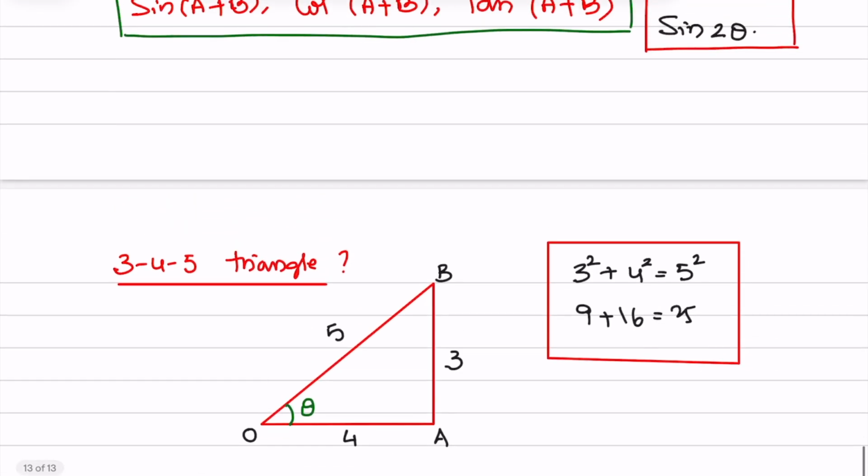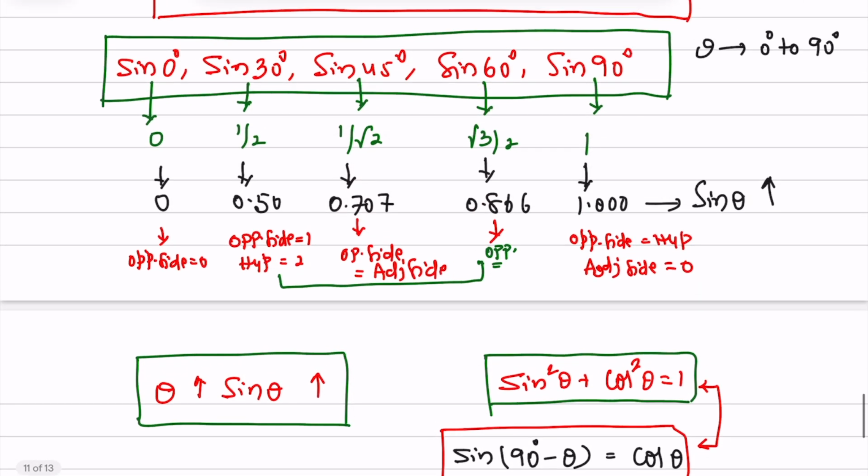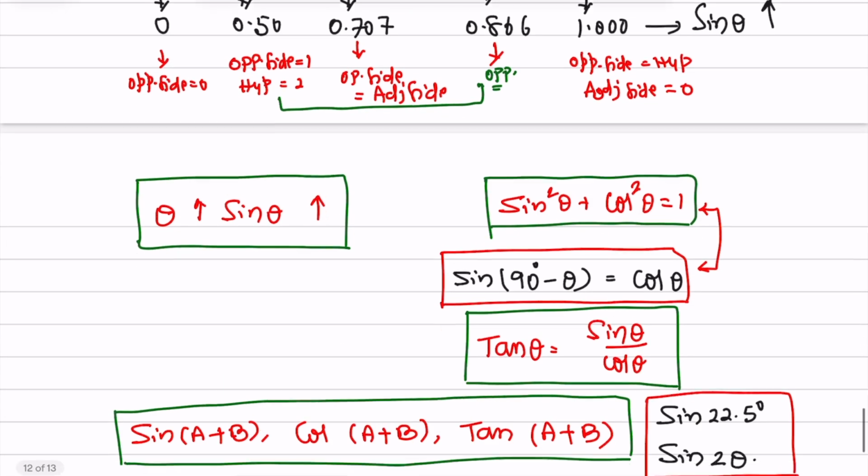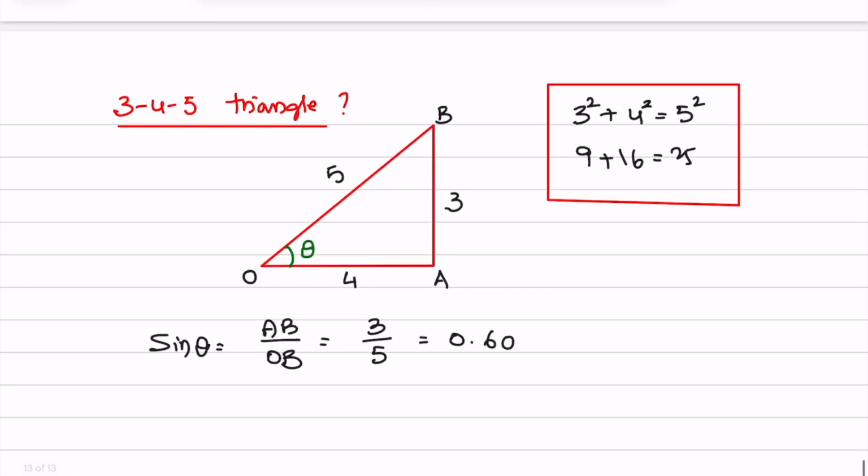Then, where is it in our values from 0 to 90? Sin 0 is 0, sin 30 is 1 by 2, 0.5, sin 45 is 0.707. That means this value lies between 1 by 2 and 1 by square root of 2. That is 0.500 and 0.707.